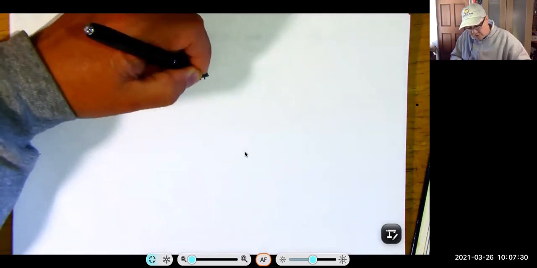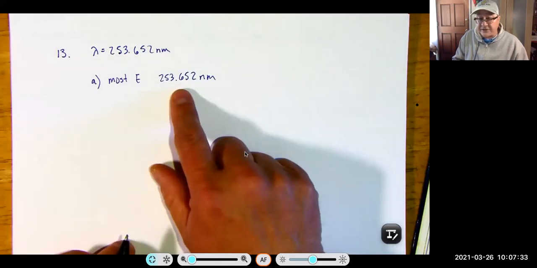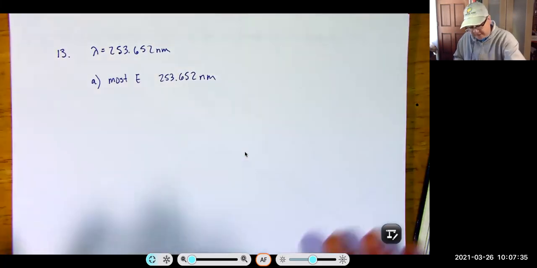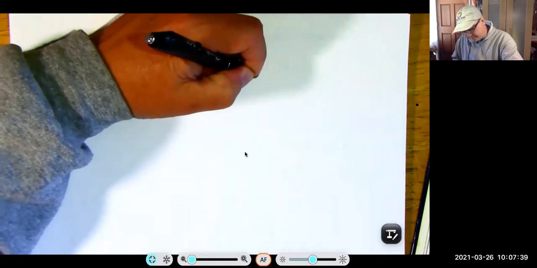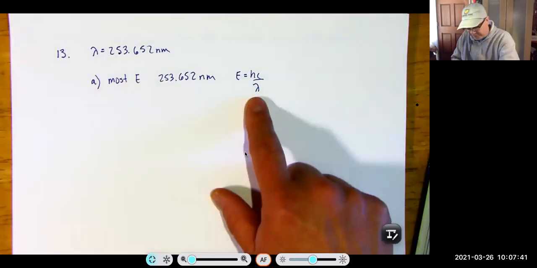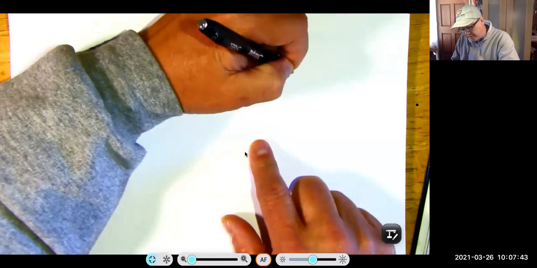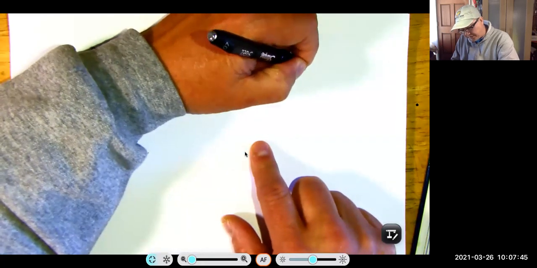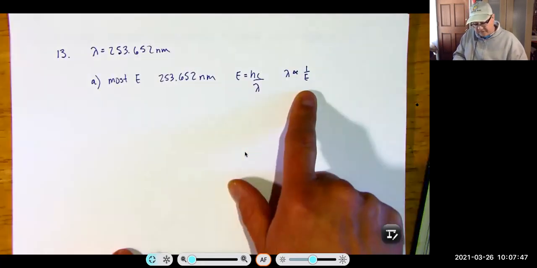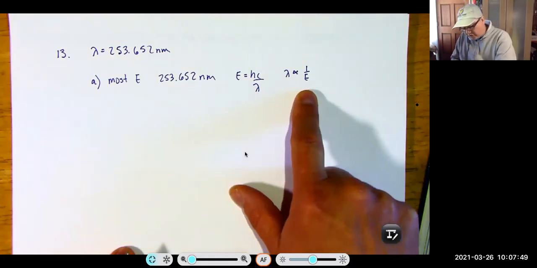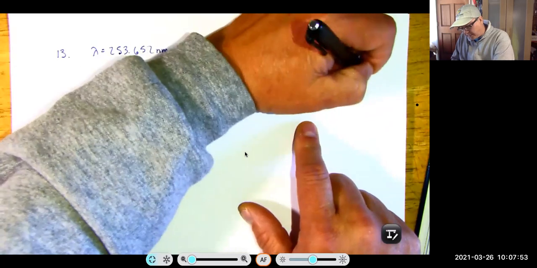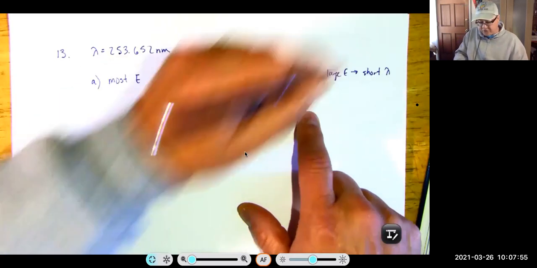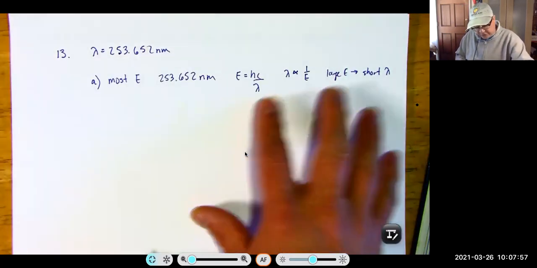And what are the phrases we would use to justify this? You'd write that out. You'd say wavelength is inversely proportional to the energy. So this means large energy translates into short wavelength. So those would be the phrases you would use to explain it.